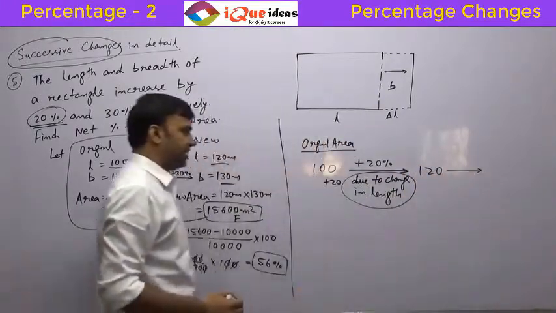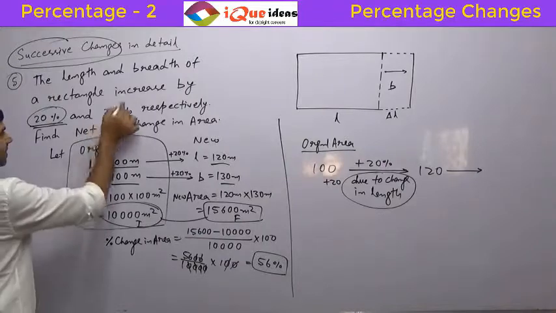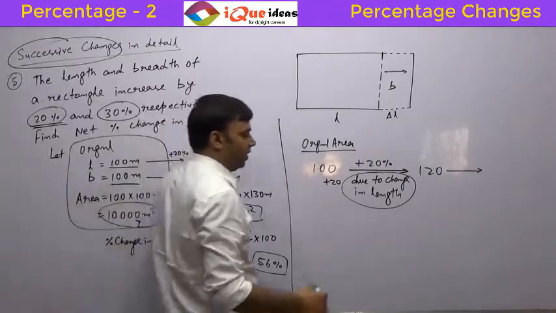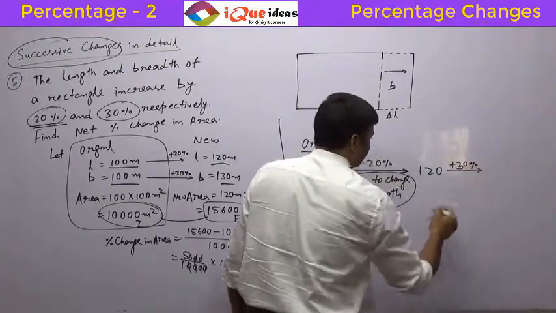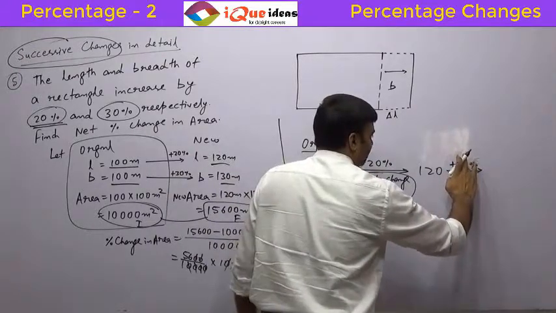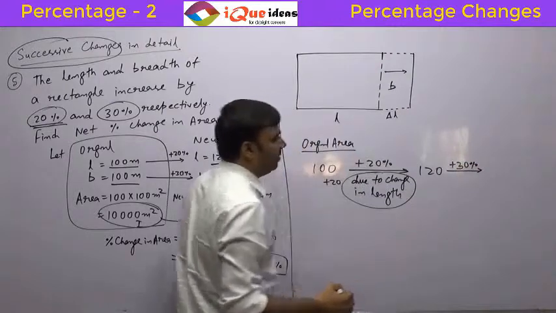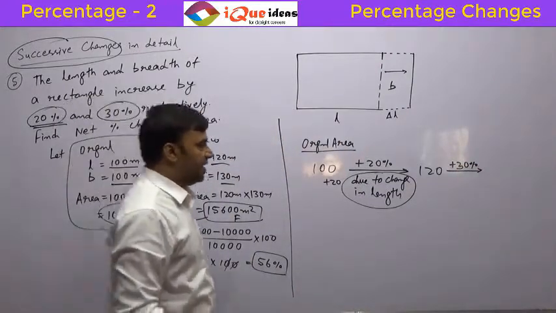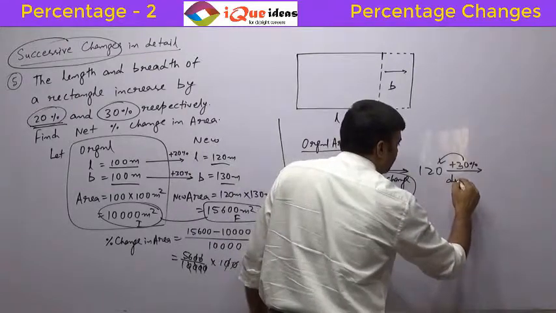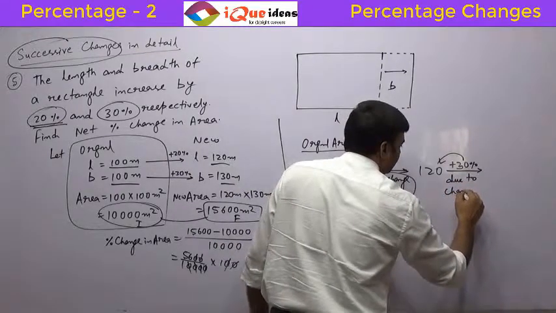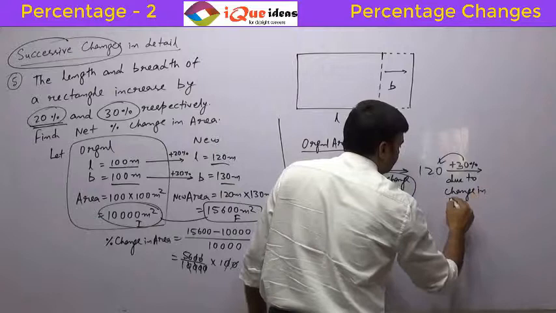Now there is one more change that is required to be done. The breadth is increased by 30%. So the area will increase by 30%. As we said, the effect of change in length and breadth both will be there on the area. Now, this 30% again is calculated on 120, and this is due to change in breadth.